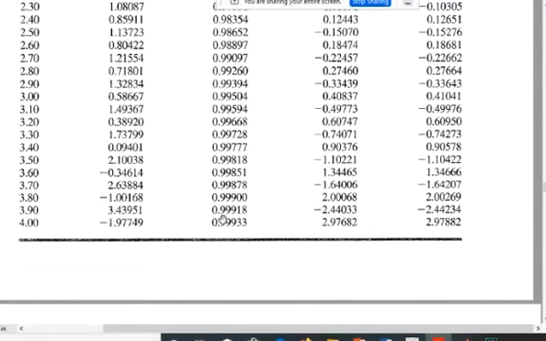You see the difference between the computed and the exact or analytical solution of this differential equation.